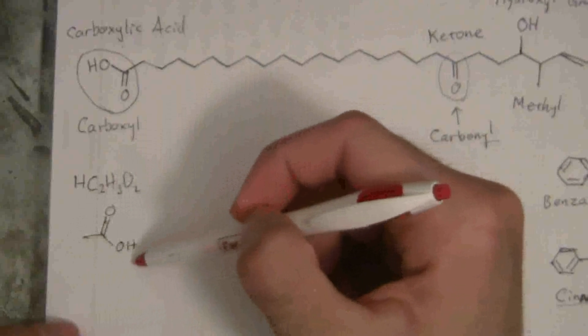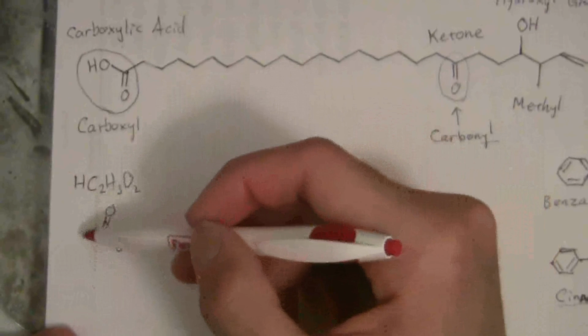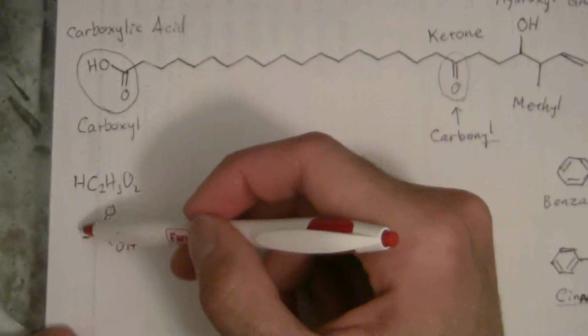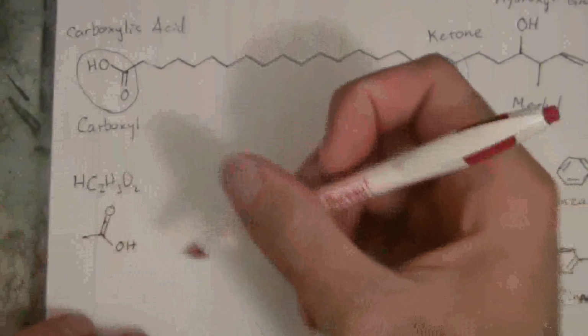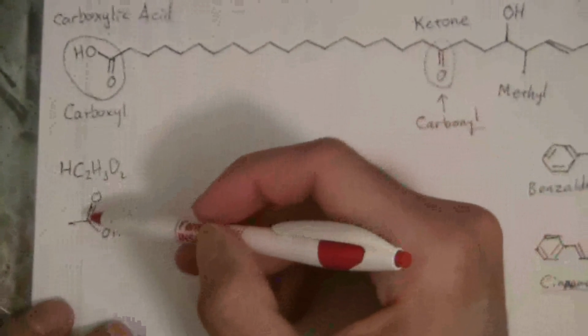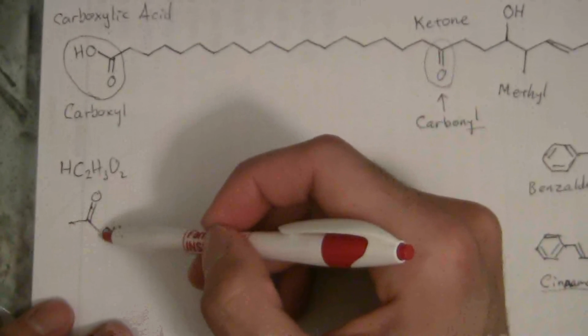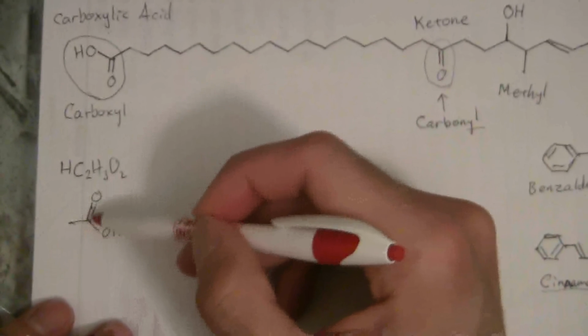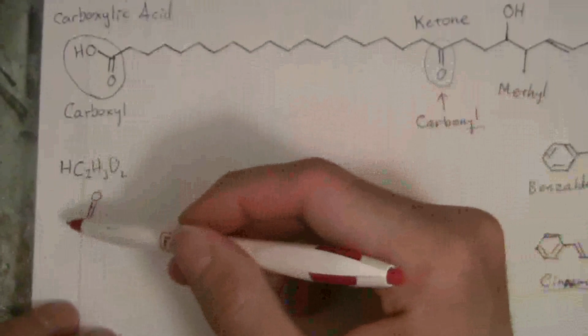And so this is what my acetic acid looks like. C2H3, there's 3 hydrogens there because I'm only showing 1 bond, and carbon has to have 4 bonds. And then I have 2, 3, 4 bonds to this carbon, so it can't have any more bonds. There's no hydrogens on that carbon.